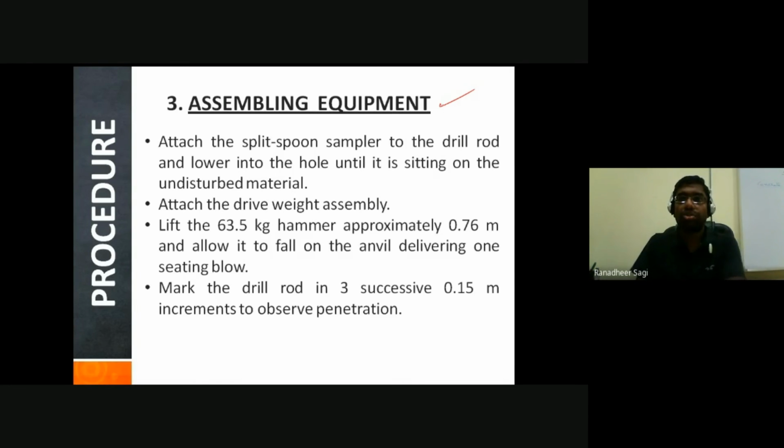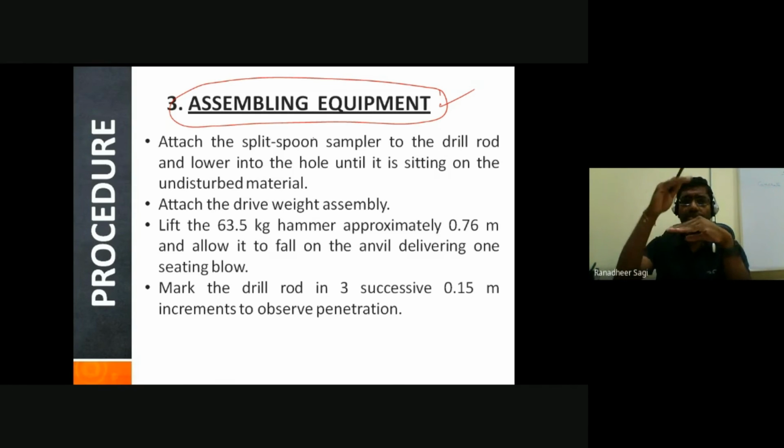Next, you should have a proper assembling of the equipment, as I have told you: your sampling tube connected to your connecting rods, on top of which you have a dolly or a platform, on which you have your guiding rod, over which you have your hammer.